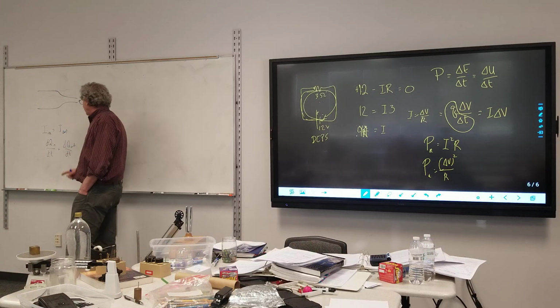Now there's one place that might seem like an exception to the idea that at any point in a circuit, current in equals the current out. What is a situation in which that does not seem to hold?